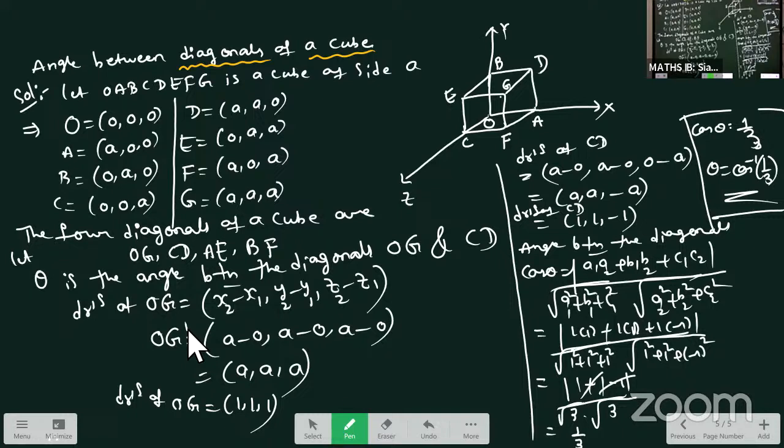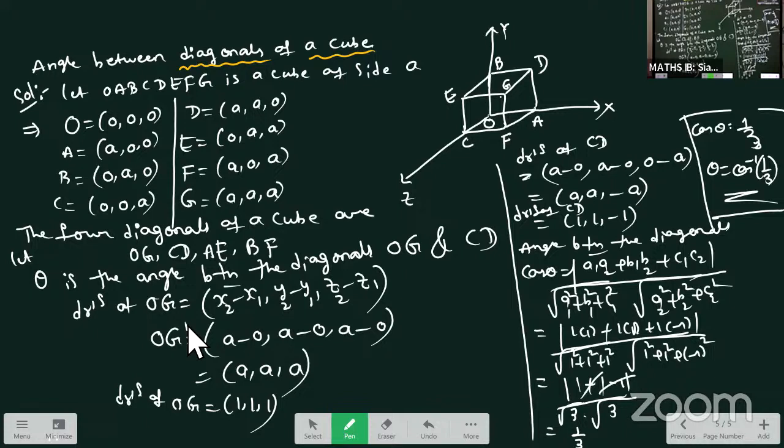The weightage of this chapter is 7 marks. So we'll continue with the next chapter.